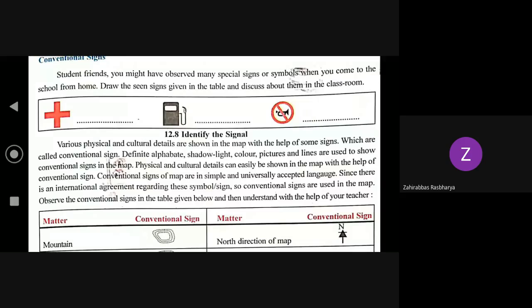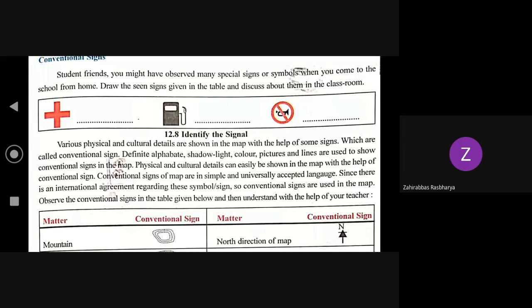Conventional signs. Yes. Definite alphabets sometimes are there. Then shadow, light, color, pictures, and lines are used to show conventional signs in the map. Conventional signs of a map are in simple and universally accepted language. What are they, beta? Simple and universally accepted language. In the whole universe this language is accepted, right?